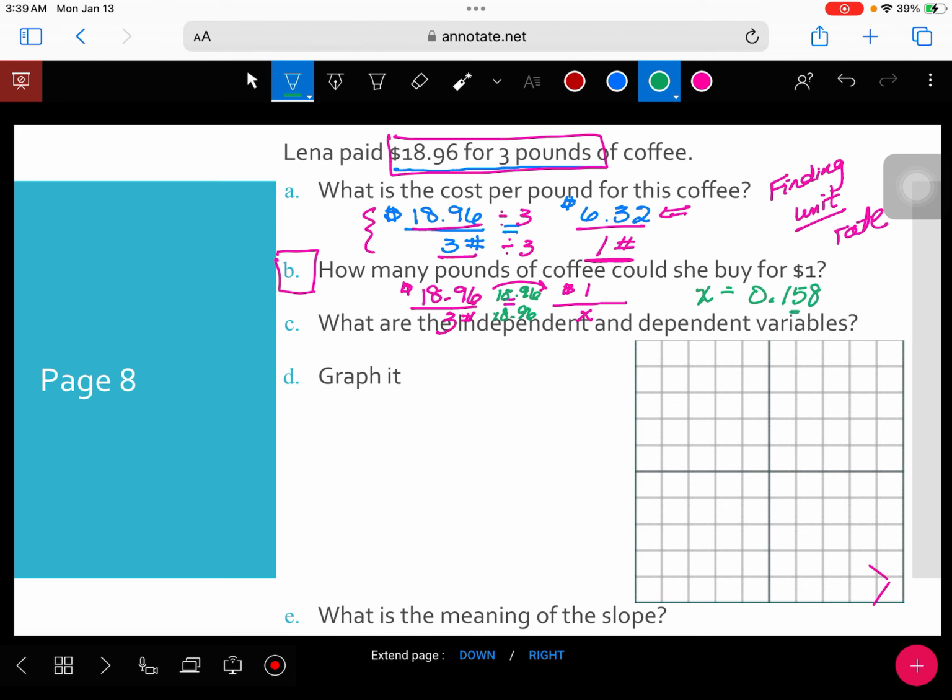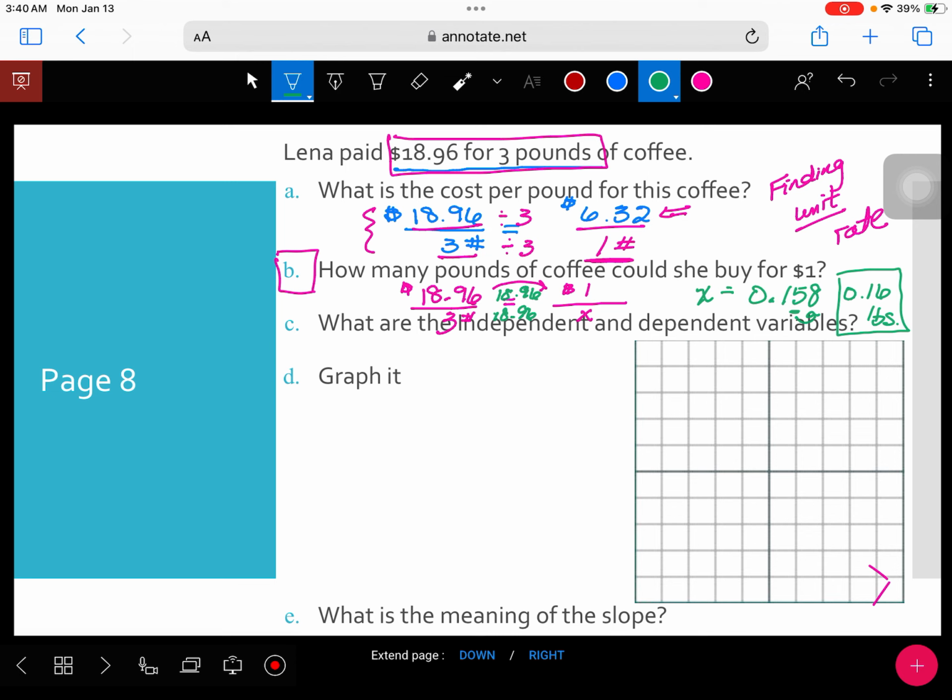Yeah. And if I round it, look next door, 5 or more. So x is going to be 0.16. And how do I label it? How many pounds of coffee? So I could put hashtag, but I will write out LBS, which is an abbreviation for pounds. Don't ask me why, it's an English statement.